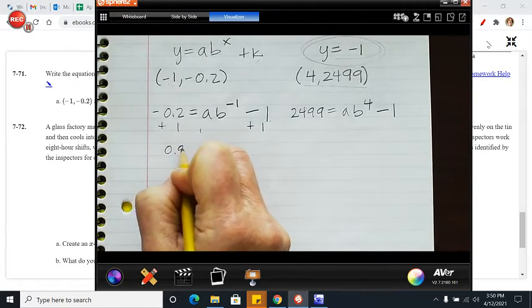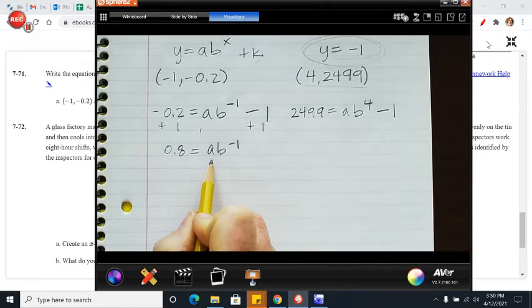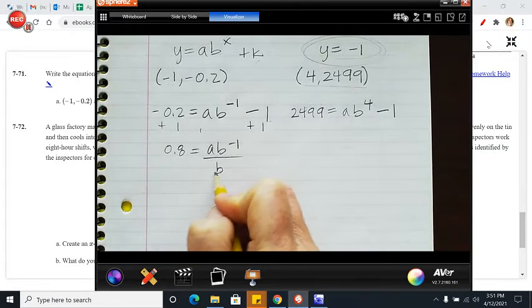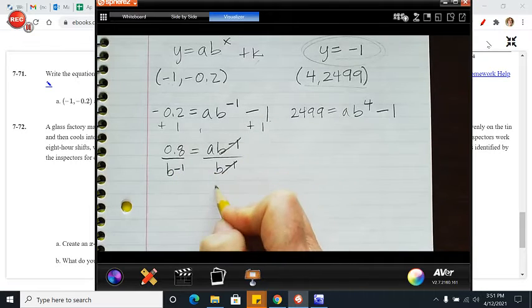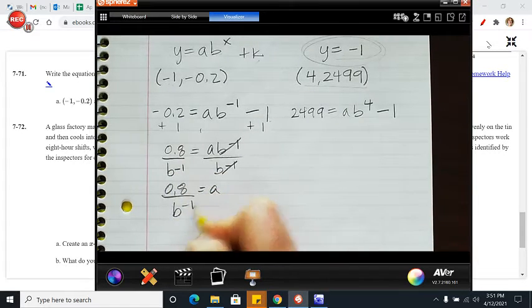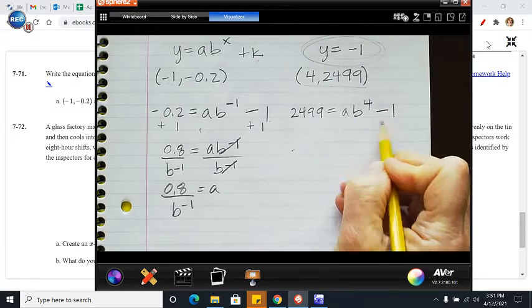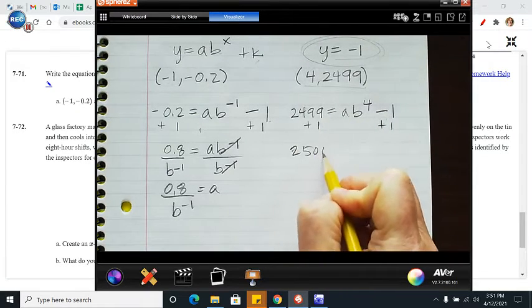So let's see, that would be 0.8 equals ab to the -1. And then I'm going to divide both sides by b to the -1, which is going to give me a equals 0.8 over b to the -1. Here, I'm going to add 1 to both sides. Same thing.